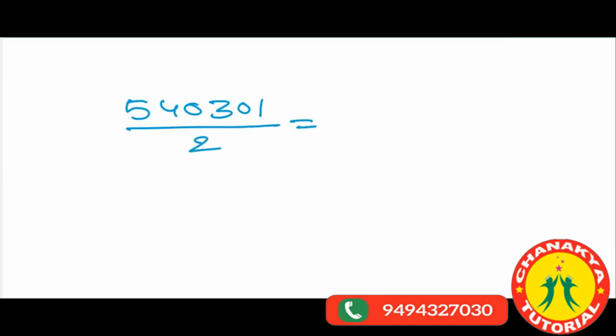Anup, in 5, how many times does 2 go? It's an odd number, sir. With remainder, you can say it will go these many times with a remainder of this much. Sir, quotient is 2 and remainder is 1. Yes, it is 2 with remainder 1.